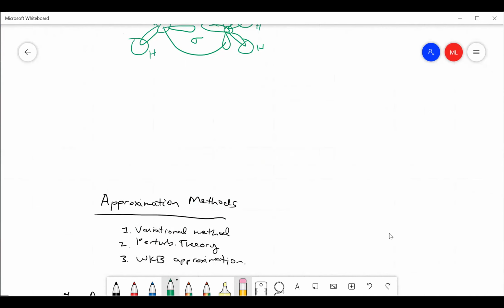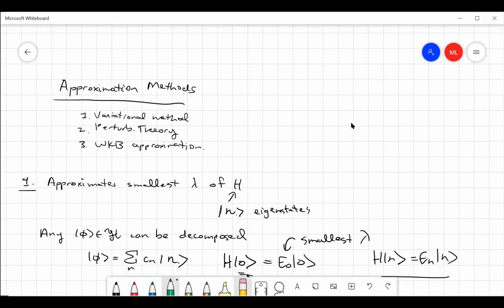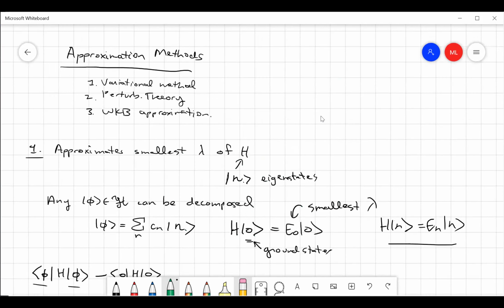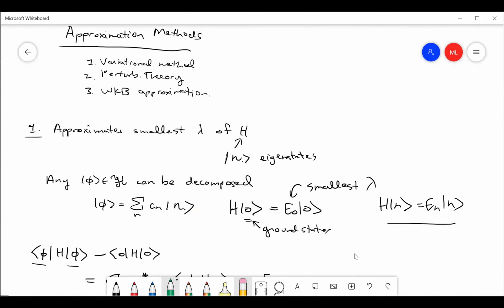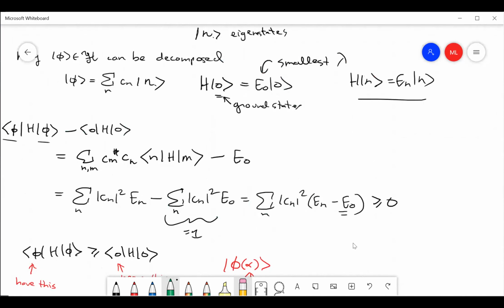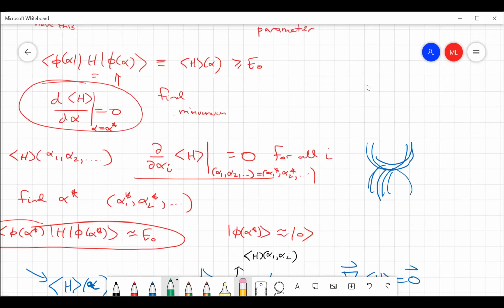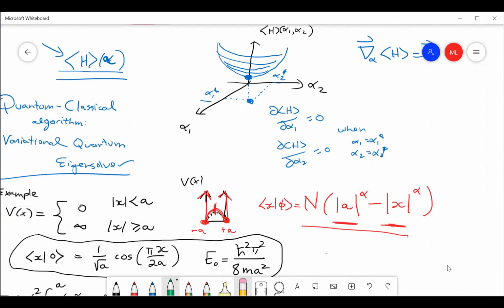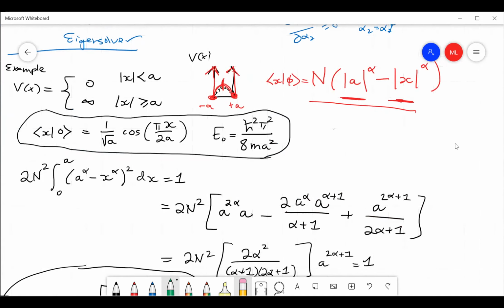Okay, so we're back to approximation methods now, and we're doing the variational method. Last time where we left off, we were doing an example, and our example was the infinite square well.